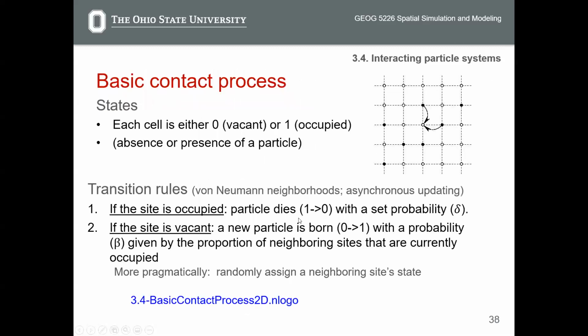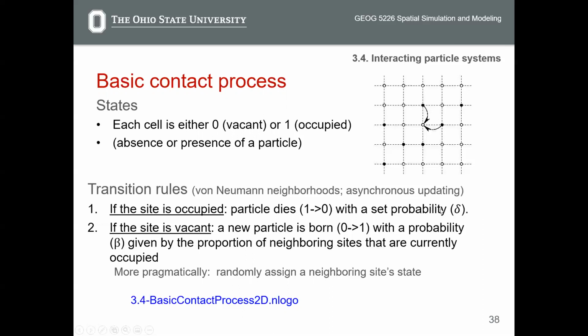So this is the basic contact process. We have two states, and they do not invade each other. Or you can say we only have one type of particle here, just one single particle, and it is going to invade vacant space. We have two very simple rules to decide if a living cell is going to die or a dead cell is going to be alive after the next tick.